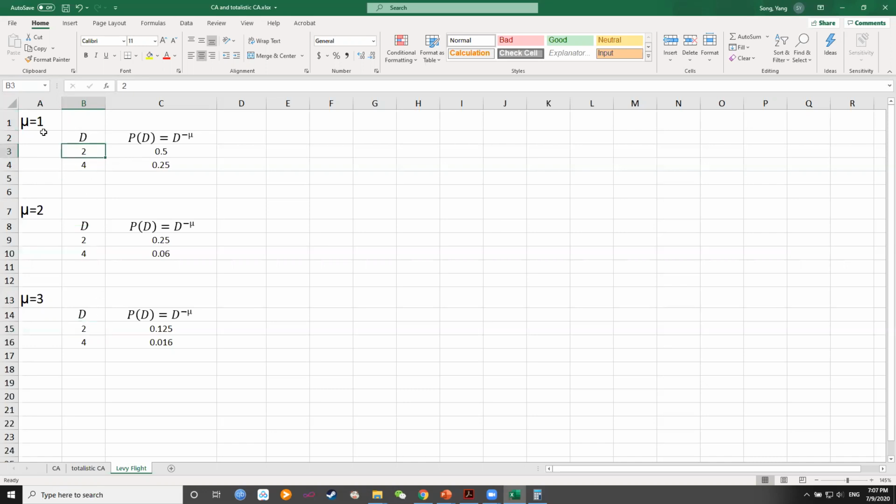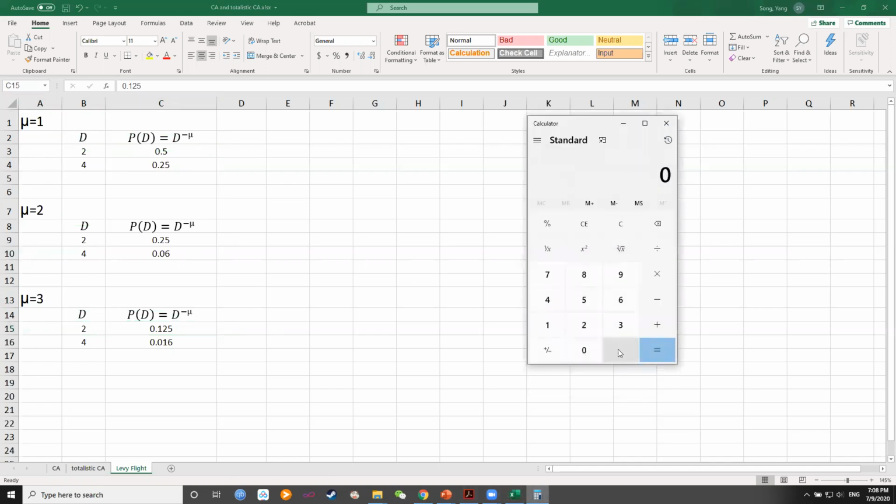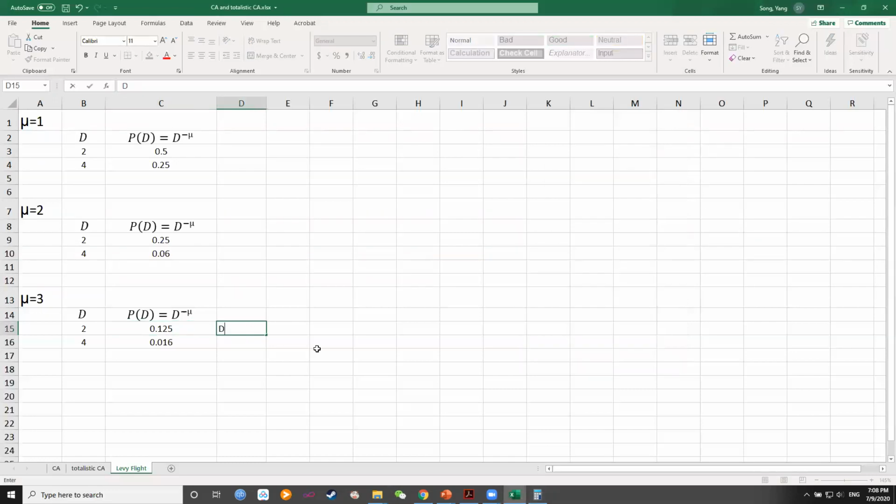So if we ignore this part, from 1 to 3, for a shorter distance, d is equal to 2. If mu was equal to 1, the probability is 50%. When you change mu from 1 to 3, this is the probability for 2 right now. So the probability decreased by how many times? 0.5 divided by 0.125. By 4 times.